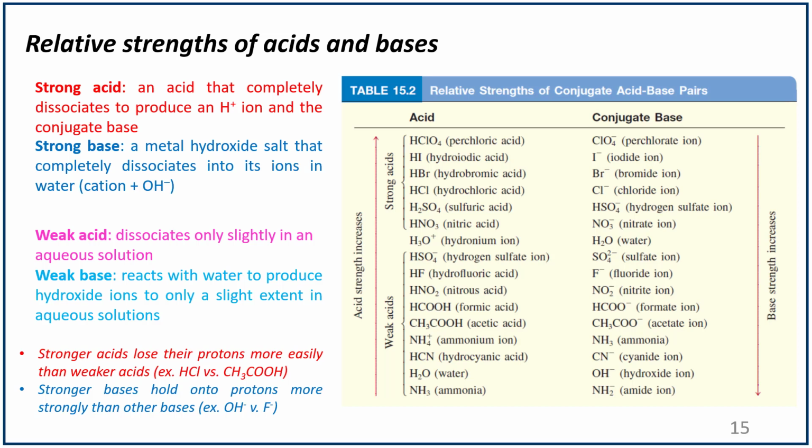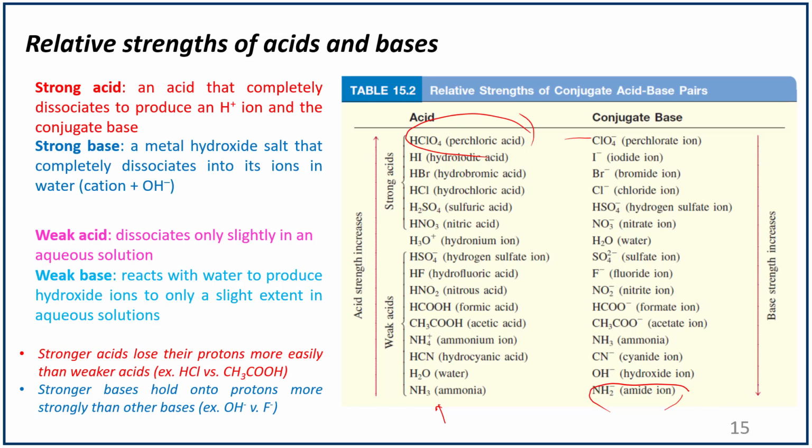And notice here that as the acidic strength increases, perchloric acid, for example, is at the top of the pack. Its conjugate base, perchlorate ion, is the weakest base in this table. Whereas ammonia, the weakest acid, I mean, I'm saying weakest acid even though it's a base, will produce the strongest conjugate base in this example.